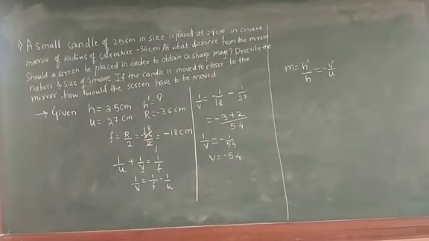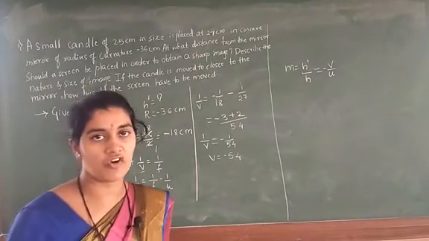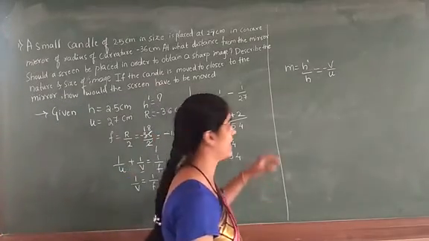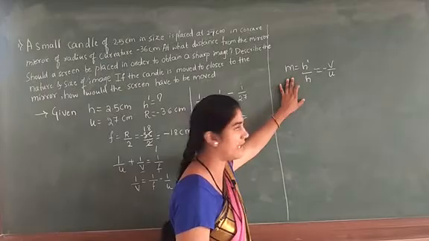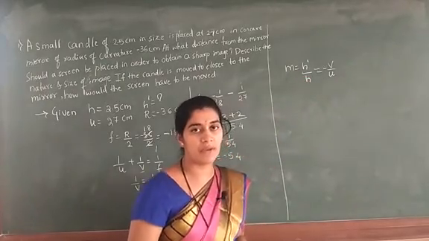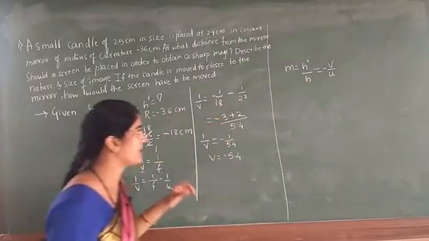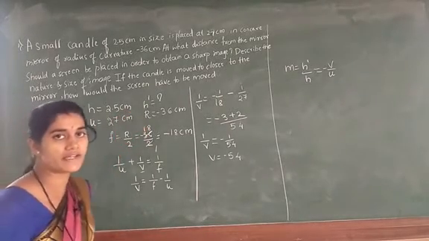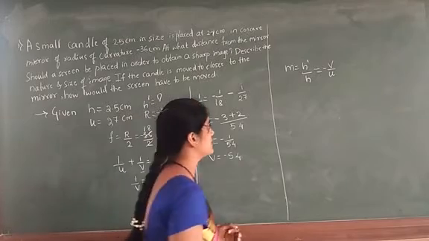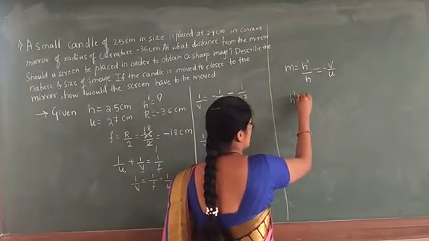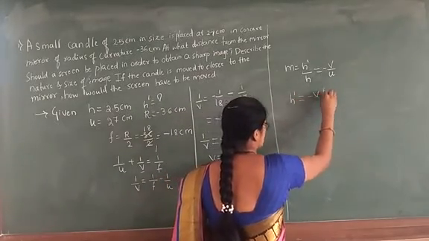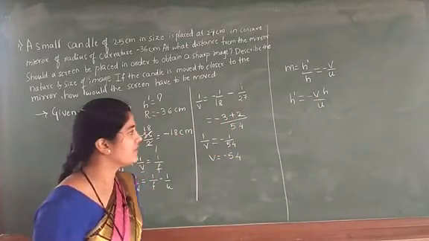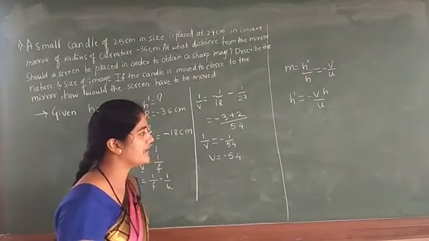Now next, we have to find the magnification of the image. The formula is h dash by h is equal to minus v by u. In this case, h and u are given, h dash is not known. We have to find the value of h dash. Therefore, h dash is equal to minus v into h by u. Now we know the value of v, h and u.